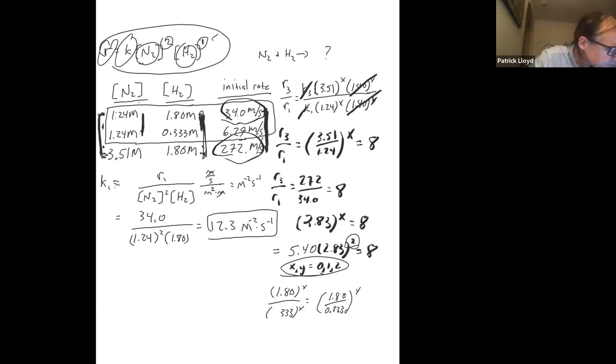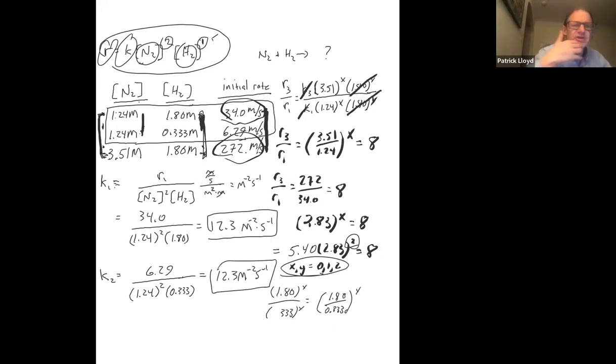So for the second one, K2 would be R2, which is 6.29, divided by the concentration of N2 to the second power, so 1.24 squared, times the concentration of H2, 0.333. So 6.29 divided by 1.24 squared divided by 0.333. I get the same answer, 12.3.